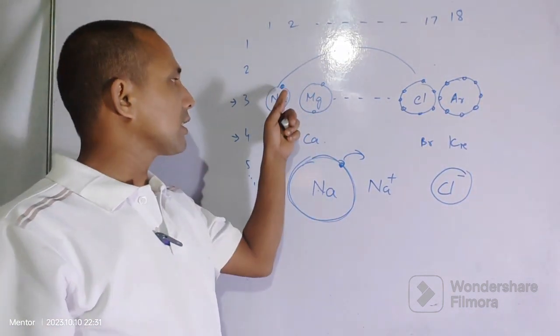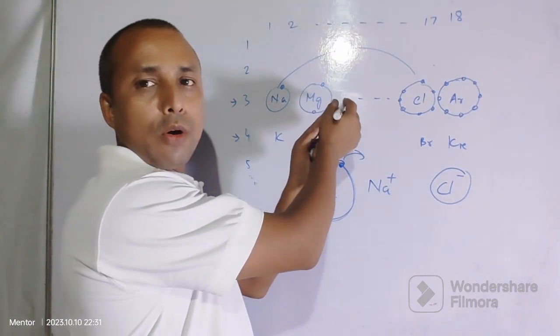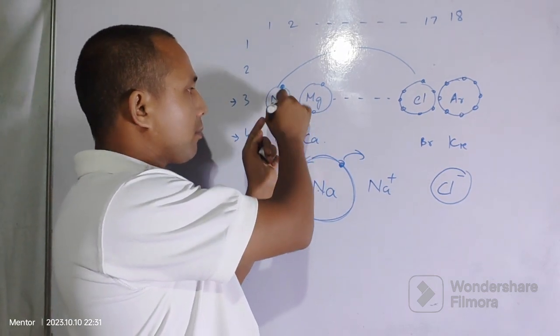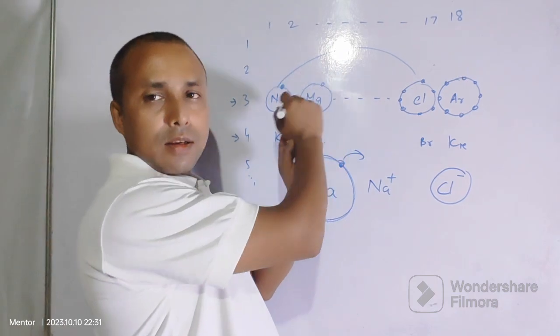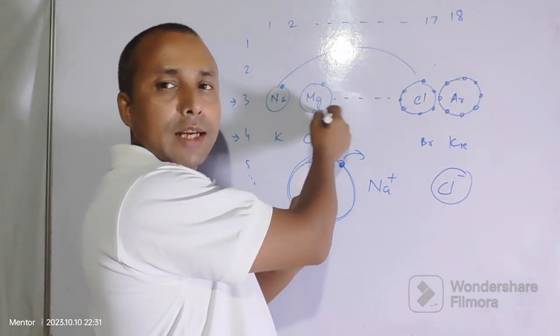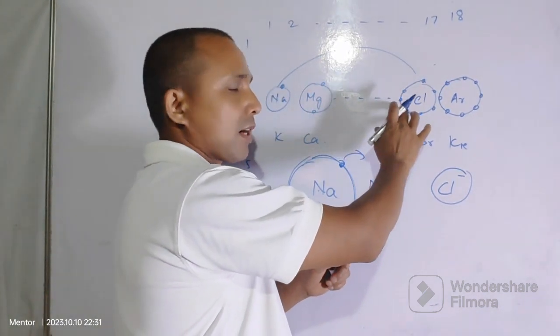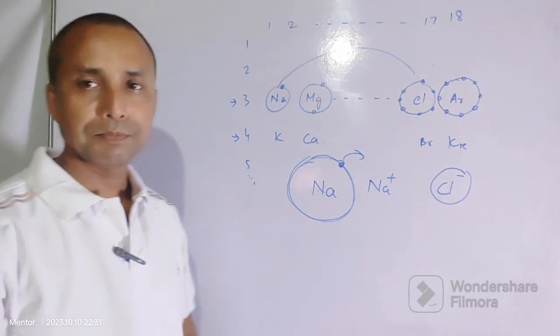So this reaction takes place very fast. At the same time, magnesium is a little slower. Therefore this metallic property in the same period will again be slower. So metallic property will decrease, but the non-metallic property slowly increases from left to right.